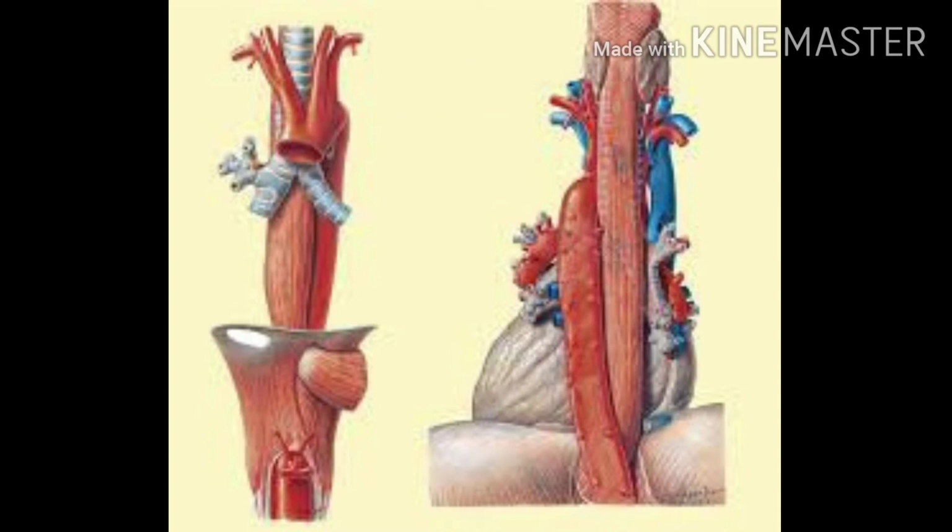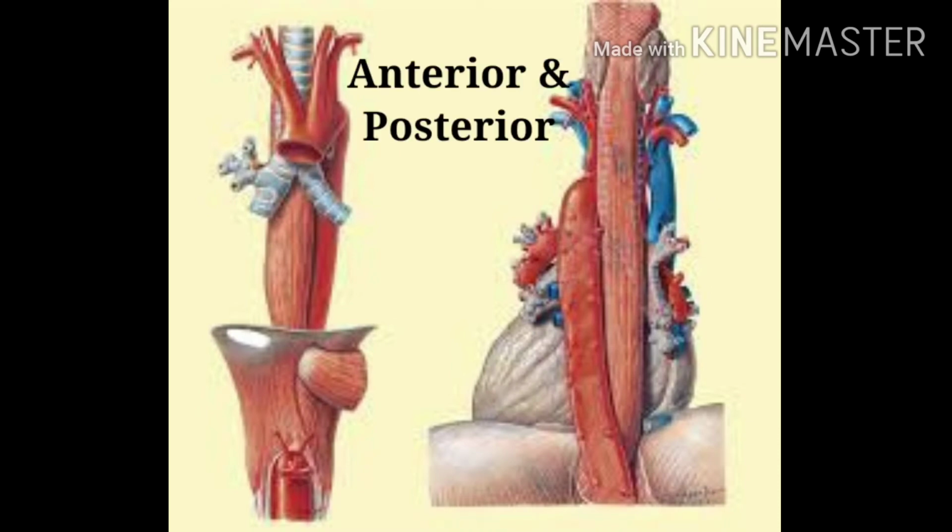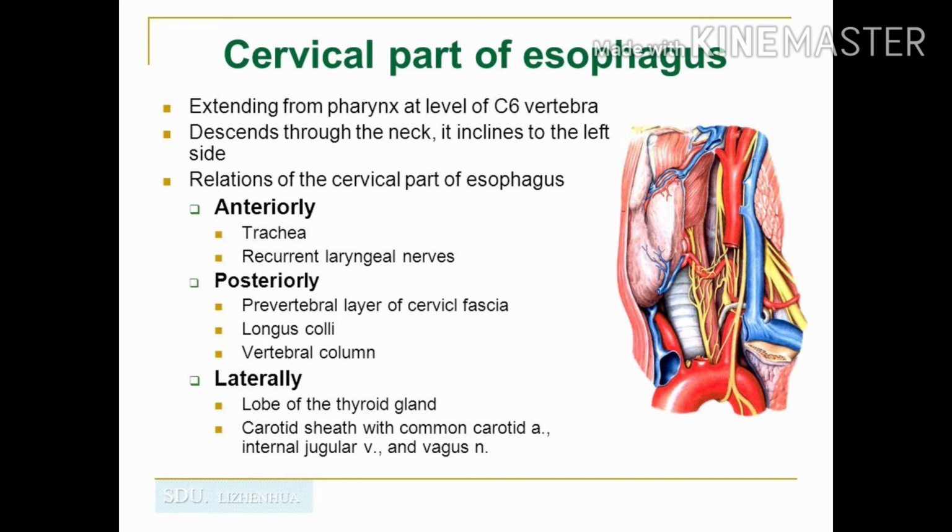Relations of the cervical part of esophagus. Anteriorly, it is related to the trachea and recurrent laryngeal nerve. Posteriorly, it is related to the prevertebral fascia, longus colli muscle and vertebral column.